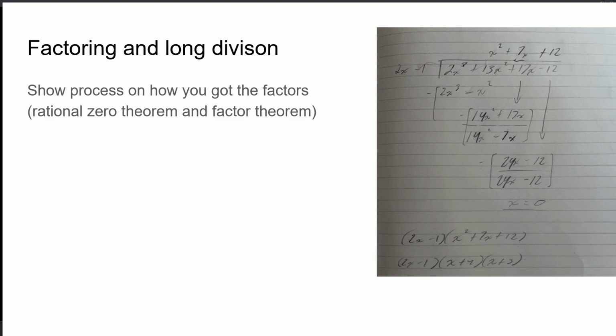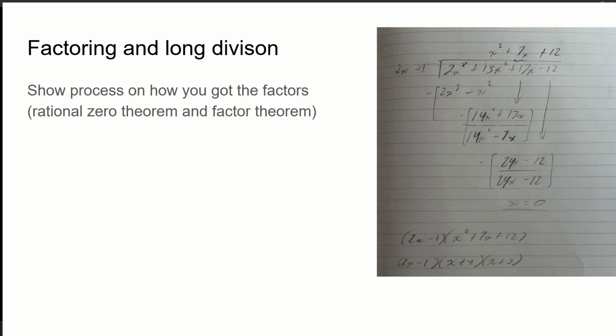Okay, so, the first part of this question, the thing is, g of x is not factored, so you gotta factor it. How do you do that? I will answer that. First you want to find the factors of g of x.